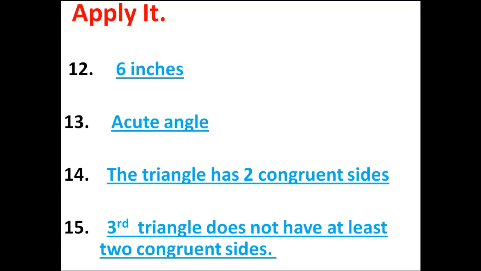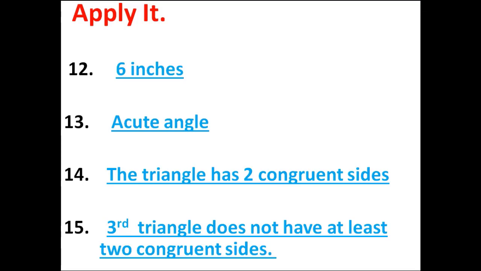Next number is 13. A figure of a triangle is given. See the triangle. Measure the angles of the triangle. What type of angles are in the triangle shown? In the given triangle, you see that all three angles are less than 90 degrees. So we will write for number 13: acute angles.